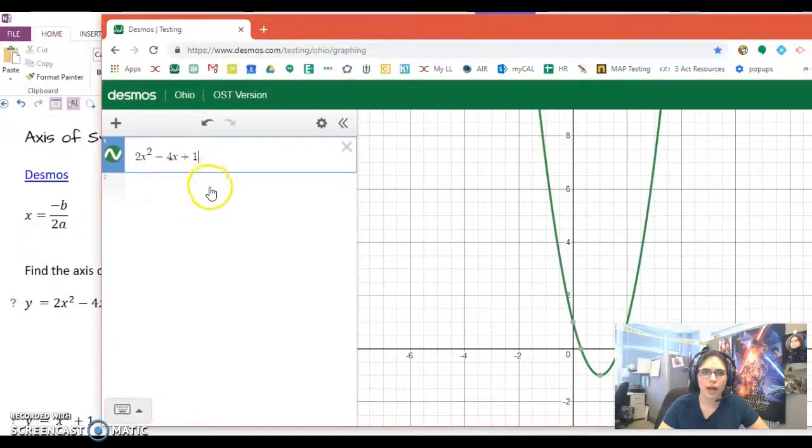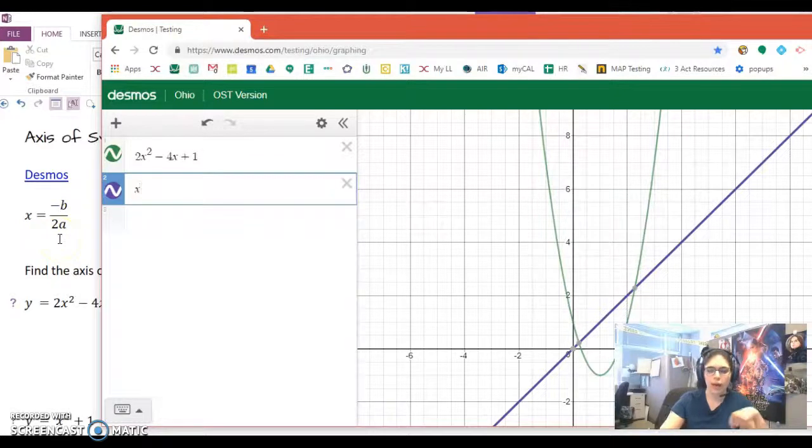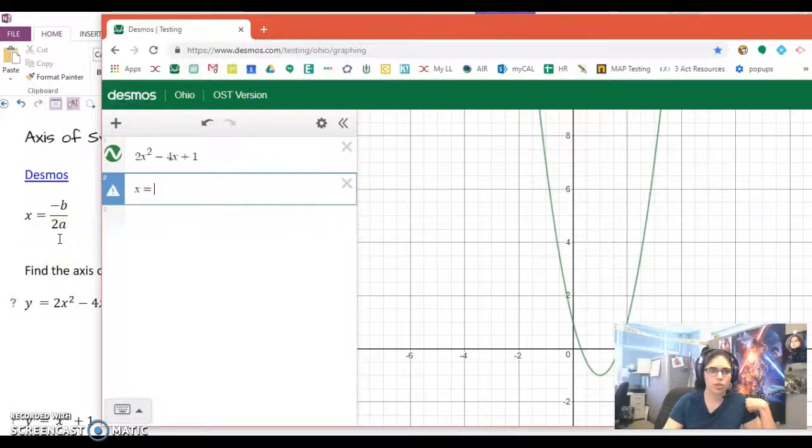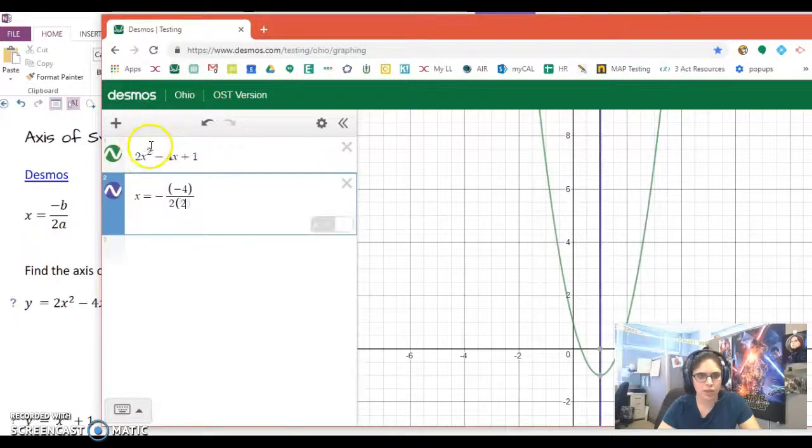Now to calculate that axis of symmetry, that line that cuts through it and makes it the same on both sides, we find x is equal to negative b over 2a. My b term is the middle term, so this is already negative 4. So it would be negative 4 divided by 2 times a, which in this case is 2.